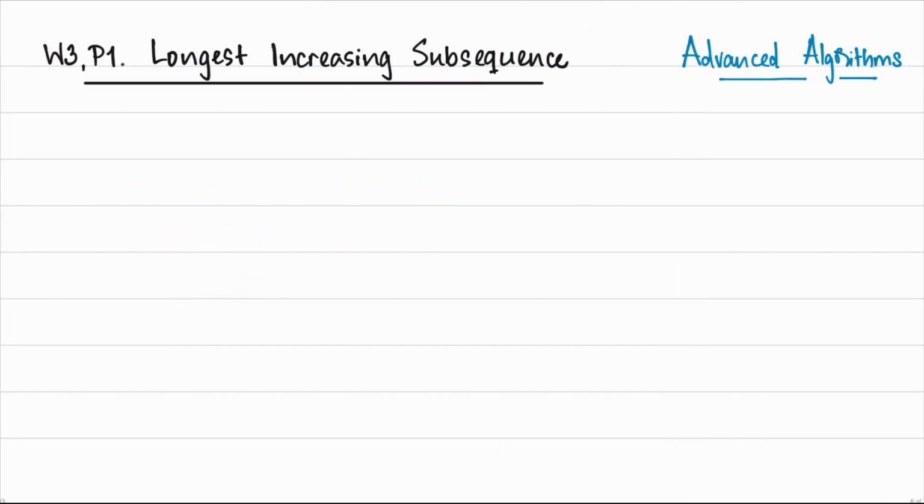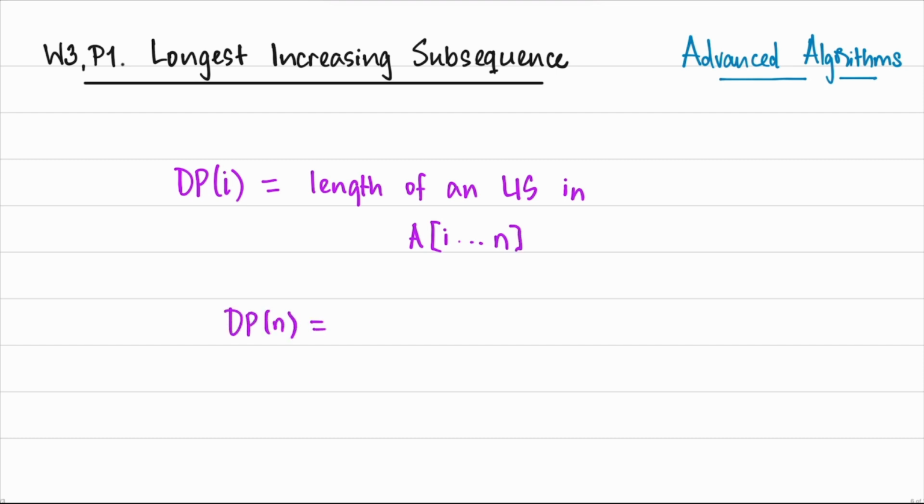So if you say something like dp of I, so this is some sort of a DP table that I'm trying to build here, is the length of an LIS in A I to n, dp of n is 1, the answer is dp of 1, and the recurrence, let's say, is something like dp of I equals dp of I plus 1 plus 1.